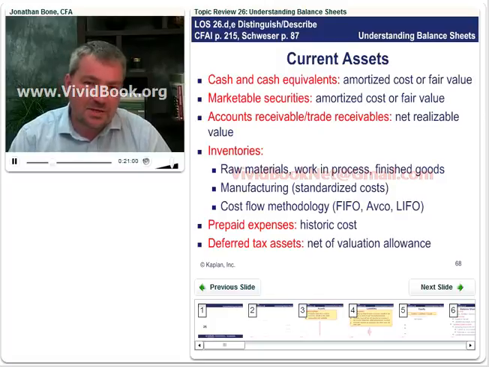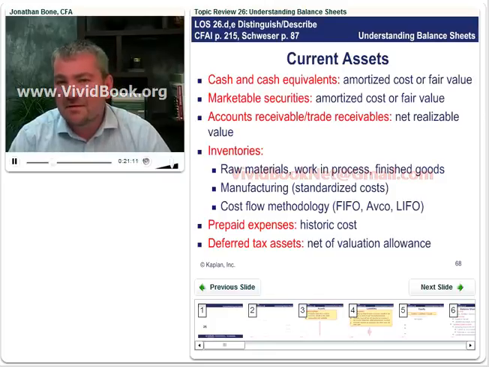Now, if we're looking at trading companies that buy and sell goods rather than manufacture, then we're going to look at cost flow methodology to value their ending inventory, and we're going to come across three methods: FIFO, AVCO, and LIFO. FIFO, AVCO are allowed under both US GAAP and IFRS. You should be aware that LIFO is only allowed under US GAAP, prohibited under IFRS.